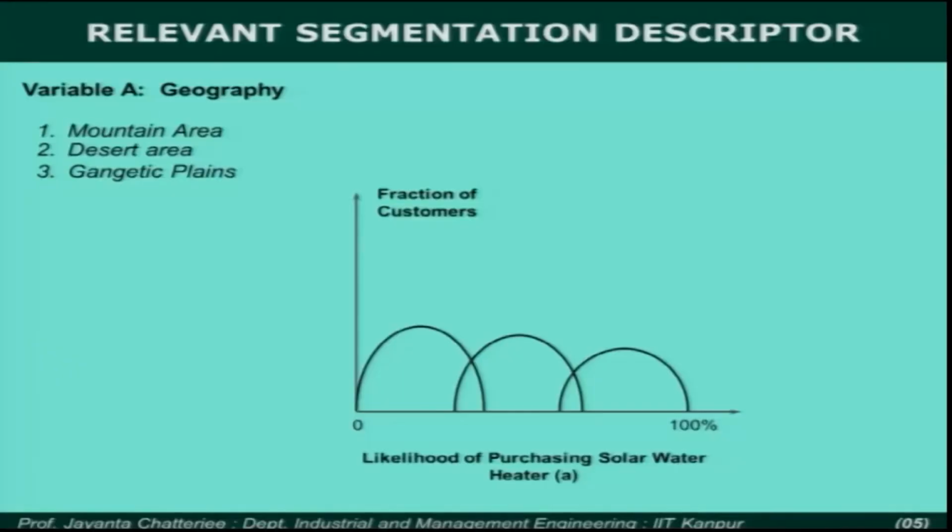So, we had looked at the mountain area or the desert area or the Gangetic plains. We are looking at here the market segmentation for solar water heaters. Now, solar water heaters are good solutions for distant mountains where electricity may not be available all the time, and it may be bright sunshine. So, you may use a solar water heater. In desert area there is a lot of sunshine.